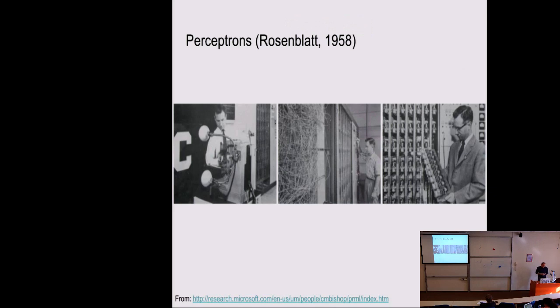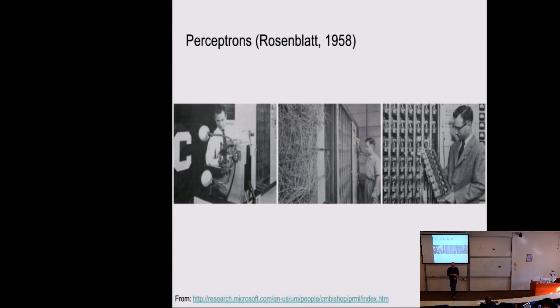So here is what these guys looked like back in the day. They didn't have computers in 1958 that were really usable, so they actually built these things electronically. And here you can see Rosenblatt, the guy who first invented the first training algorithm for perceptrons, which is actually different from the algorithm that we used, trying to train it to recognize the letter C, which is a similar problem.